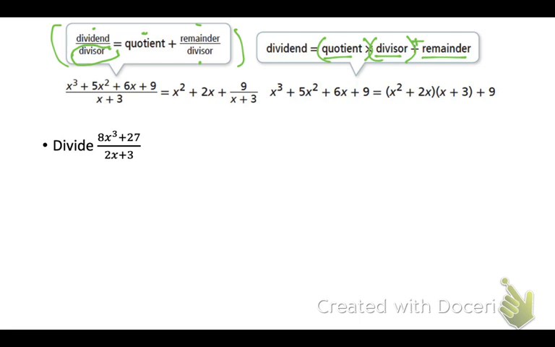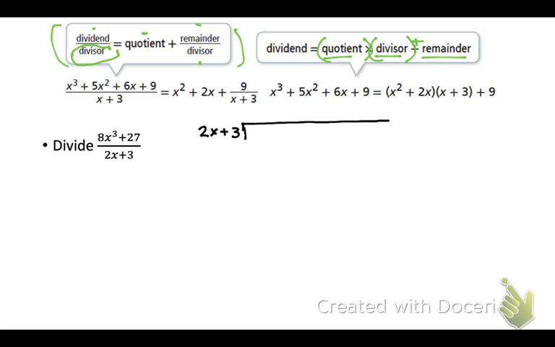Okay, so let's do it again. So 8x cubed plus 27 divided by 2x plus 3. So it has to be in order and no gaps, correct? Okay, divisor. Is it in order or do I have any gaps? No, 2x plus 3. The divisor is good. Now, the dividend, what I'm dividing, is it in order?